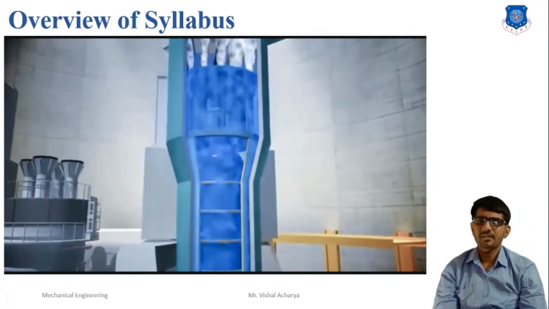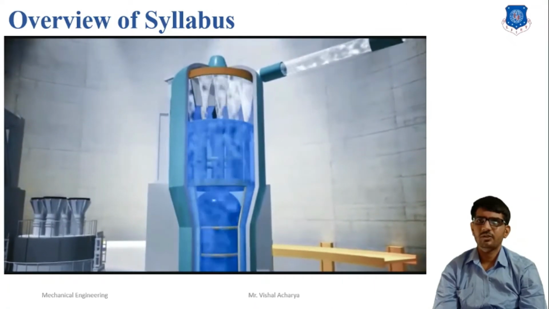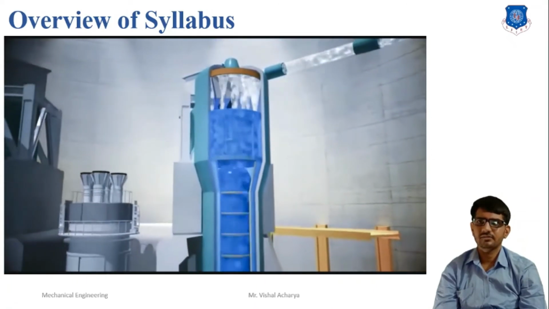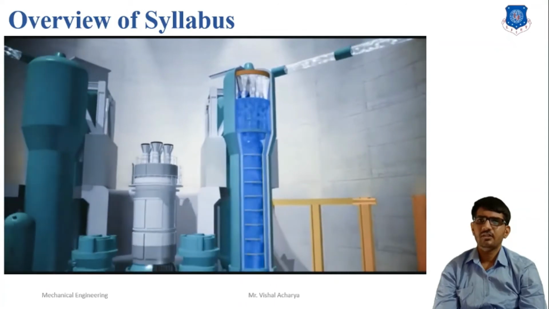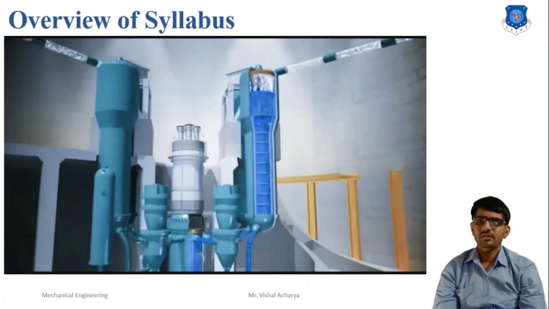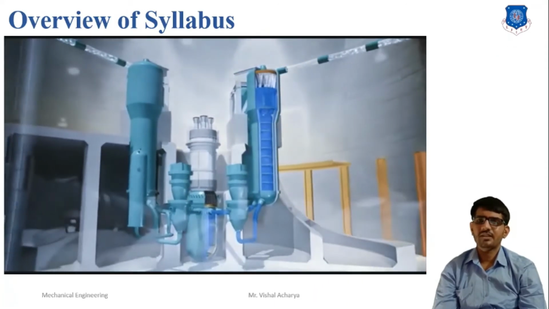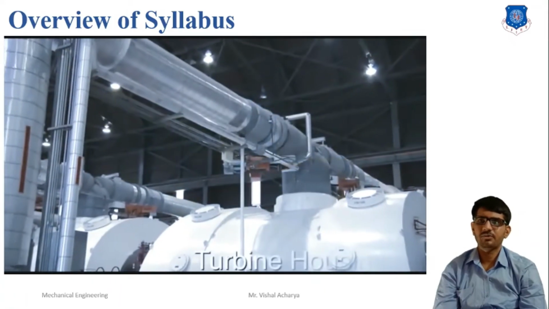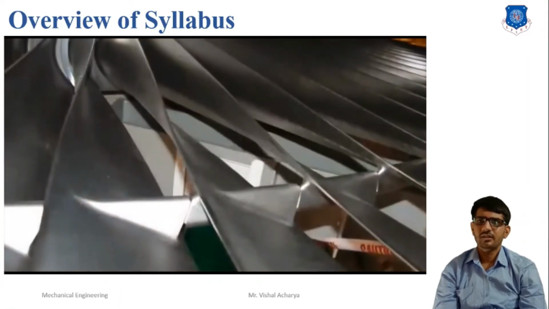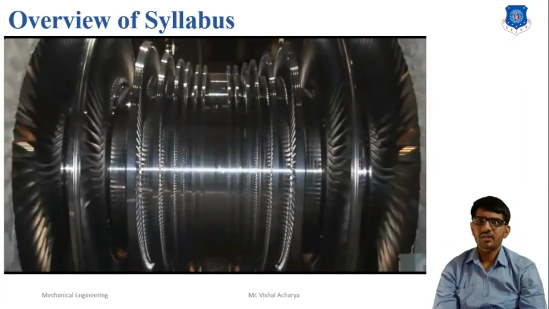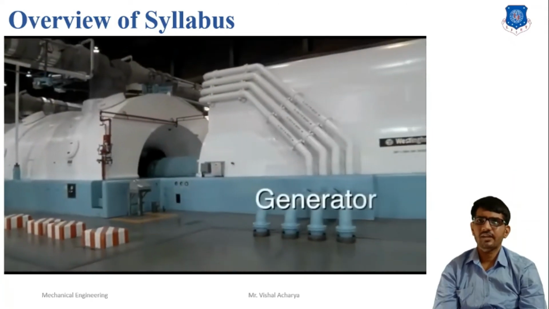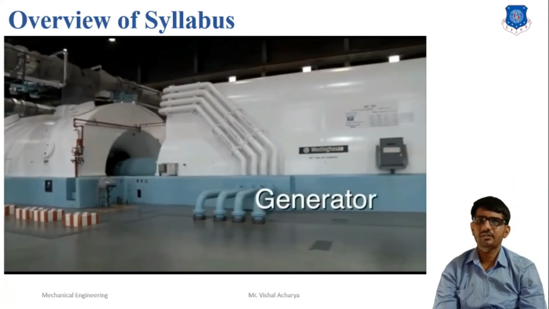Here, high pressurized steam is passed through the tube and expands in the turbine house. Here, low pressure and high pressure turbines are used for producing the mechanical power, and the mechanical power is converted to electrical power with the help of the electric generator.